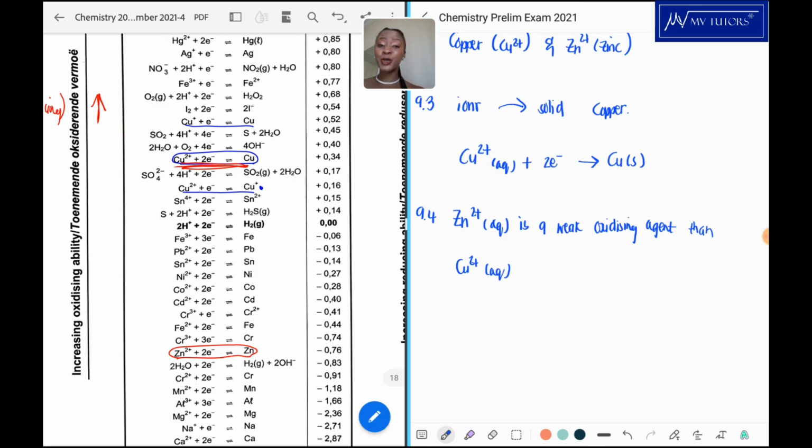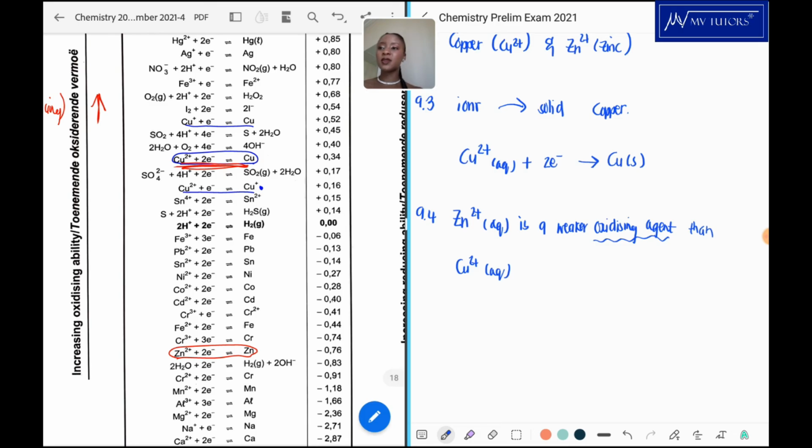Remember, the one that reduces is the oxidizing agent, the one that oxidizes is the reducing agent, so please don't confuse them. You might say, but zinc oxidizes more than copper. Yes, it does, but it is a weaker oxidizing agent than copper. It doesn't reduce as much as copper does.